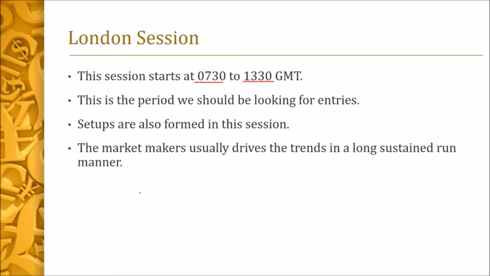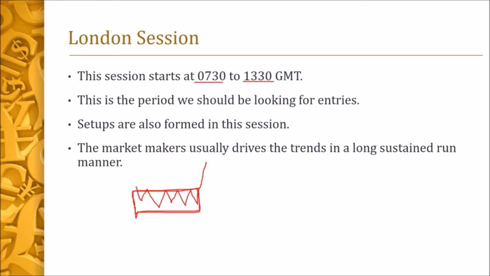So what are we saying? The first session of the day is the Asian session. This will be a choppy session, right? Creating what we call the Asian range. After that, we'll have a period where the market makers induce traders in the opposite direction or take stops from that point.